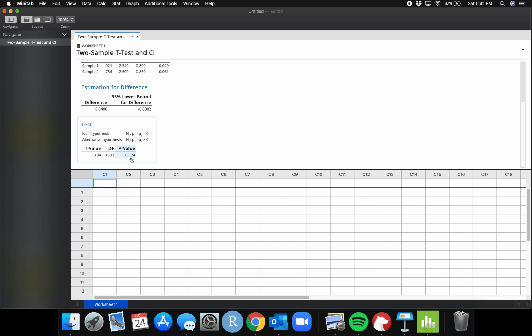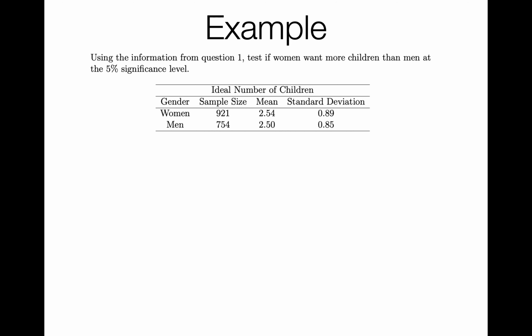Your conclusion is, at the 5% significance level, there is not enough evidence to conclude that women on average want more children than men. So again, you'd have t equals 0.94 as the test statistic.